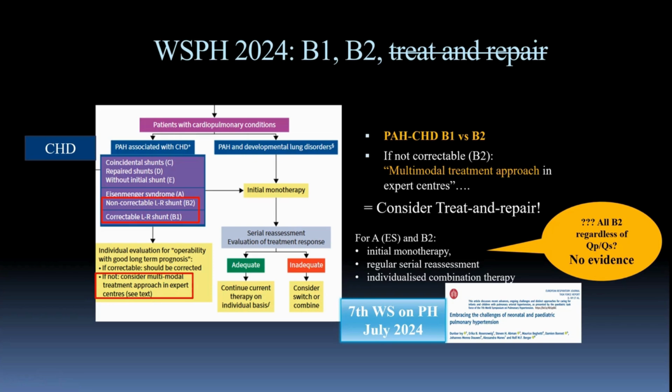I think we should be calling it treat and repair. It's a nice concept. It tells you that you need to treat with PH therapies, and there is the pause you need to take, allowing the PH therapies to work for a few weeks or a few months, recatheterize, and then think about repairing.